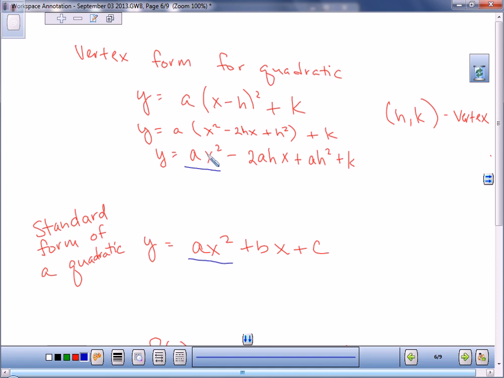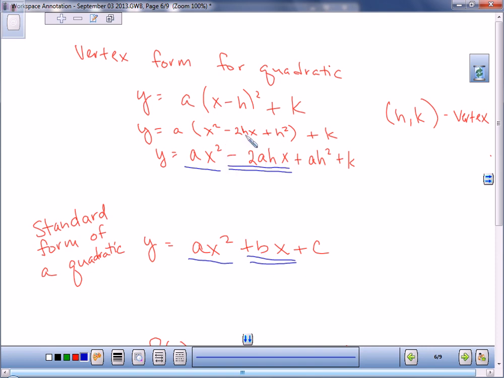Okay? Now, here's my linear term right here. Are they exactly the same? No, here I said I have b times x, and here I have negative 2ah. But for these to be equivalent, wouldn't this b have to be the same thing as that negative 2ah?